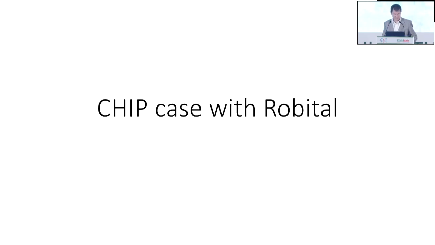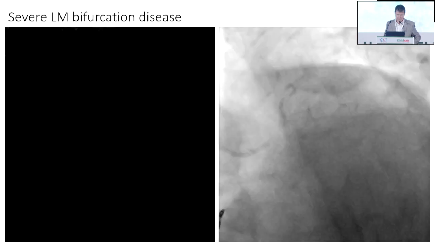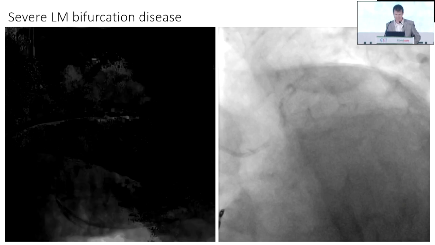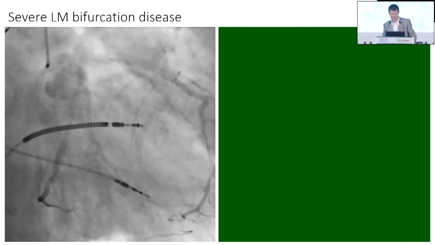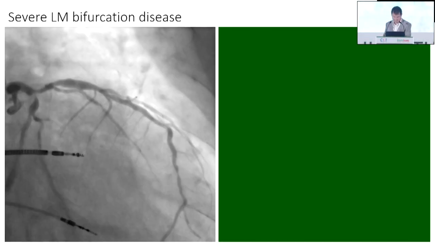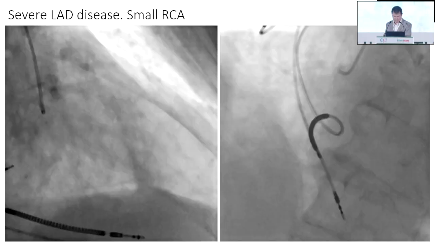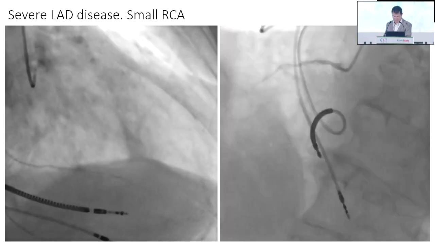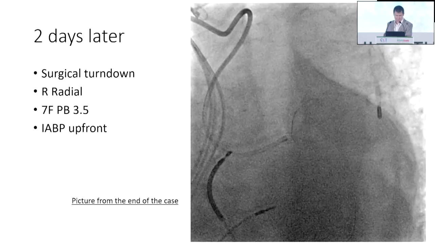And second case, 82 years old man with non-STEMI, EF 30%. I should probably have brought my laptop because I don't know why it's not working. But you can appreciate quite bad distal left main disease, bifurcation, LAD also, and his small non-dominant right. 2 days later, he was surgical turned down.